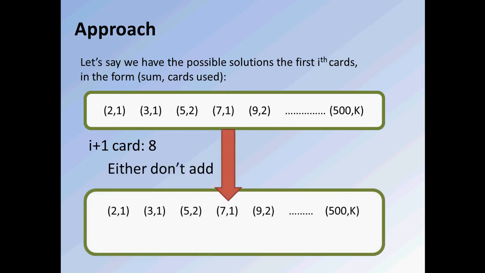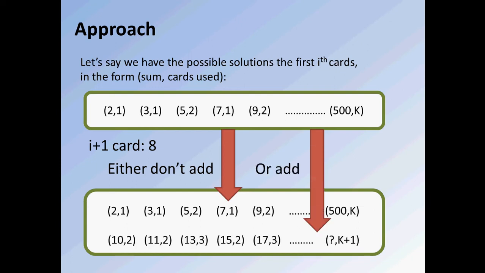We can either choose to not add 8, or we can choose to add 8. In that case, the number of cards used will have increased, and the combinations will more or less double. Of course, if we have a combination that exceeds the number of cards allowed, then we might as well just delete it.